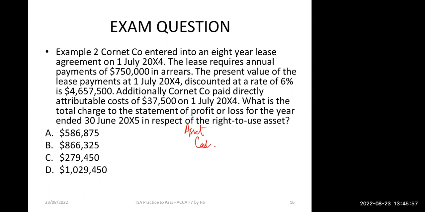Cash credit and lease obligation credit. 4657. 4657. Cash will be credited with the 37500. Asset will be debited with 4 469 and 5.